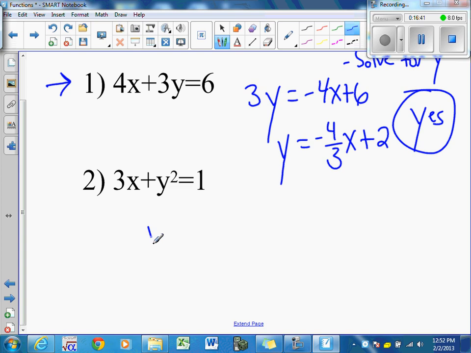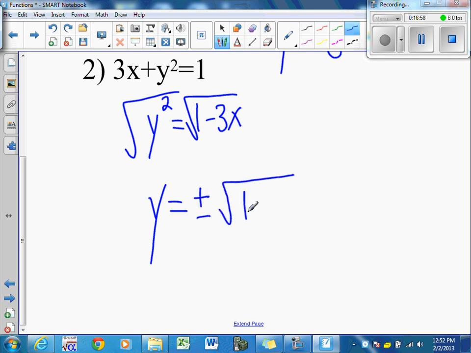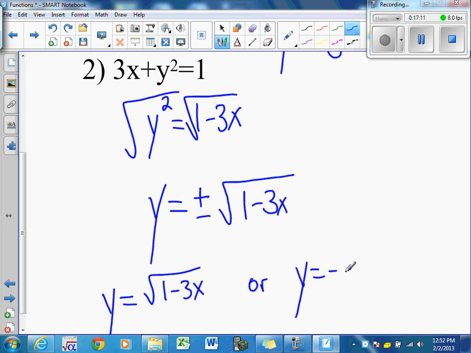If we look at 2, and I try to solve for y, notice what I have to do is I got to take the square root of both sides. And when we take the square root of both sides, we always have to have plus or minus. Getting back to our quadratics. So when I really try to solve for y, I get y equals the square root of 1 minus 3x, or I get y equals minus the square root of 1 minus 3x.